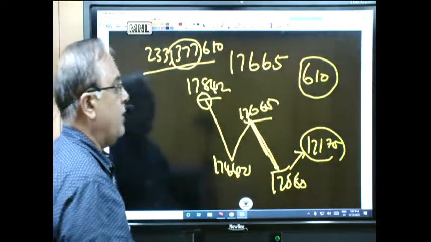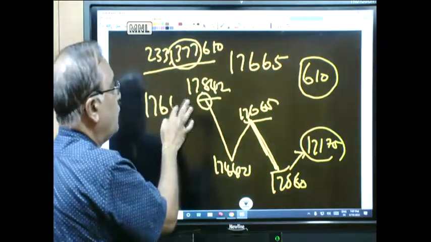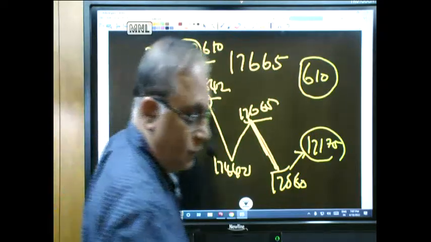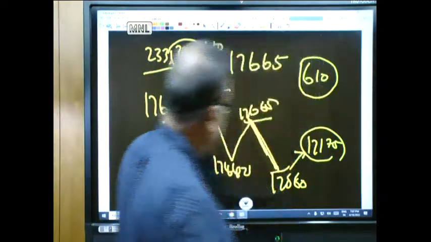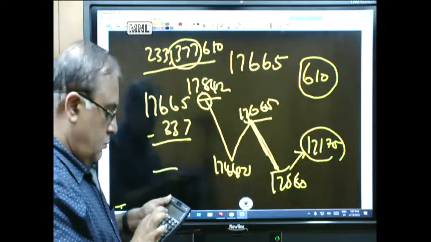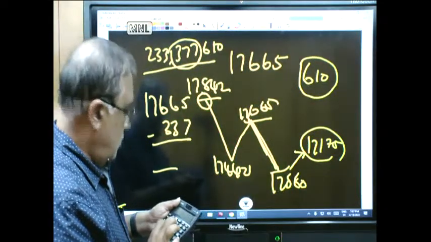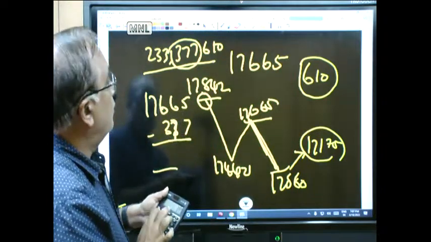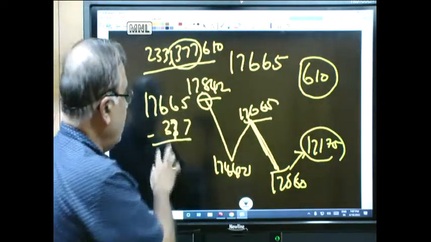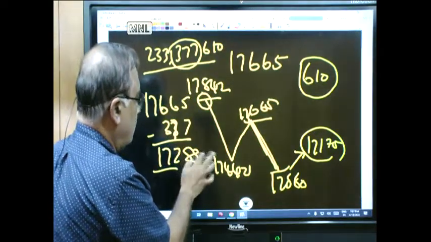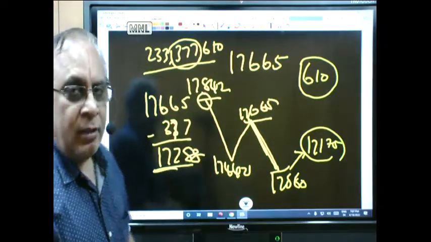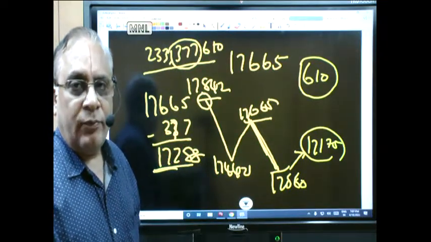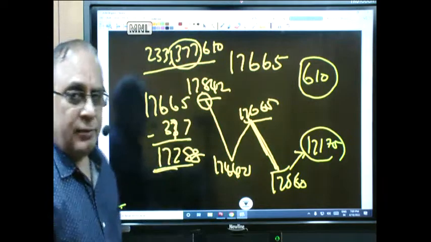So using the Fibonacci number, you'll have 17,665 minus 377, sorry, 377. That is 17,288. So this is one important resistance that can come. Okay, so somewhere close to that.